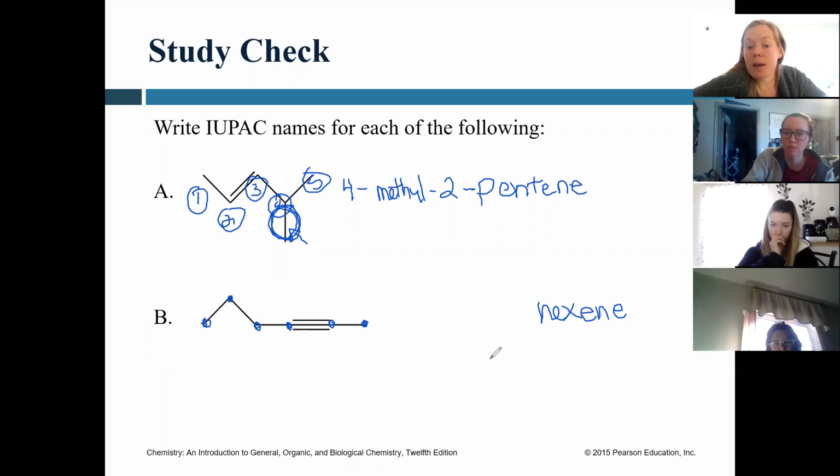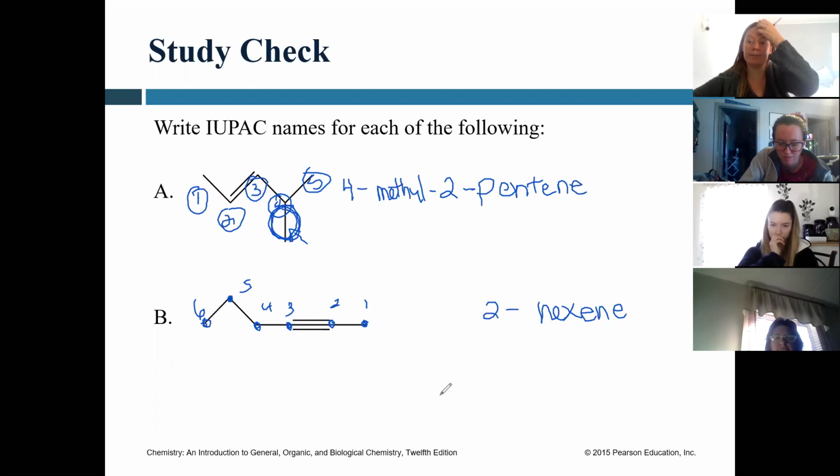We have to say where the double bond is, because the double bond could have been over here. It could have been in the middle. It could have been on the end. I don't want to count this as 1, 2, 3, 4, 5, 6, because it would put this on the fourth. I'm going to start here and make this 1, 2, 3, 4, 5, 6. So it will be on the second. So this will be 2-hexene.